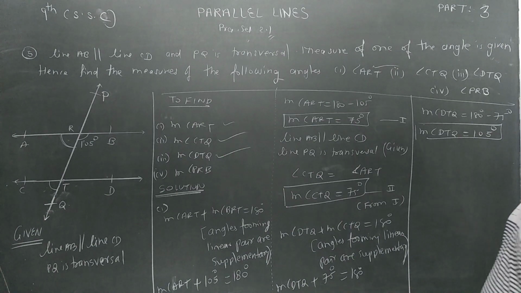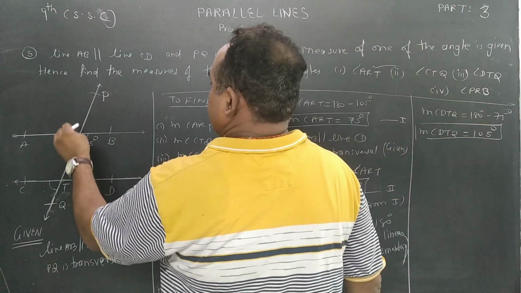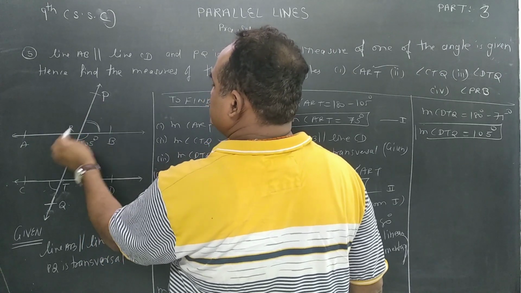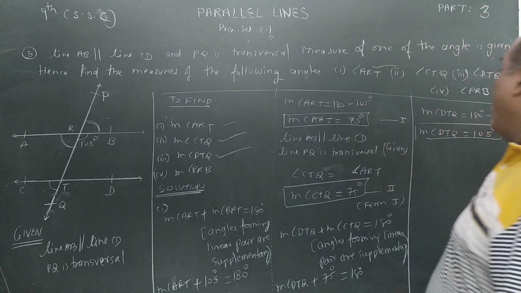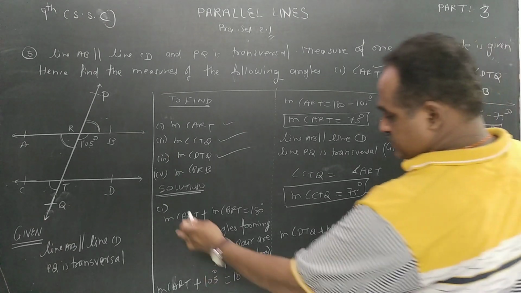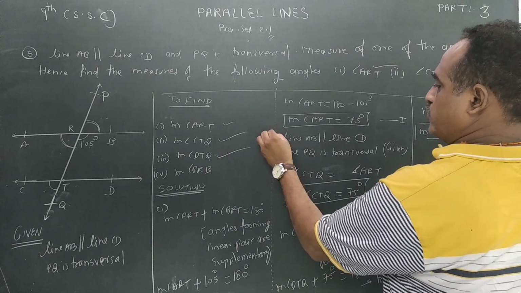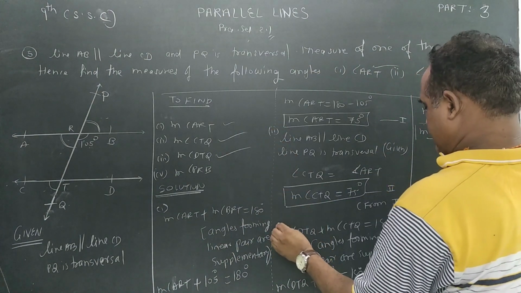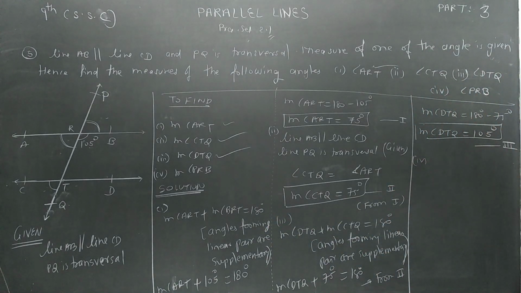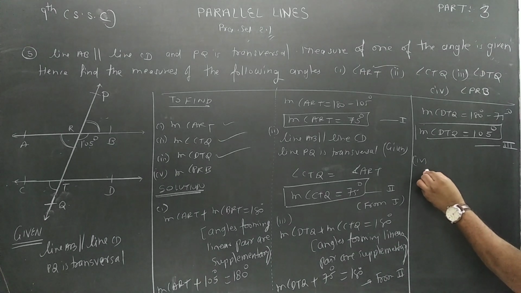Now the last one is PRB. For this angle, you can take it as angles forming a linear pair, or these two are vertically opposite angles. Or you can write here from 2. This will be 3. Okay? And we are going for which answer? Third, fourth answer. This is first, this one is second, this one is third, and now it is the fourth answer. What is that? PRB. So what would I write?